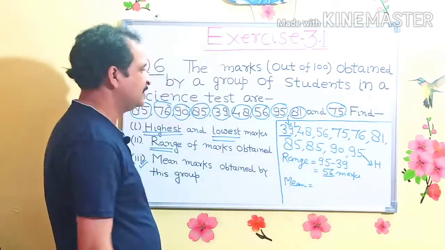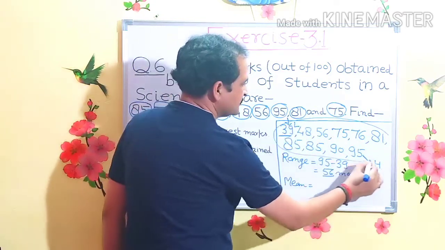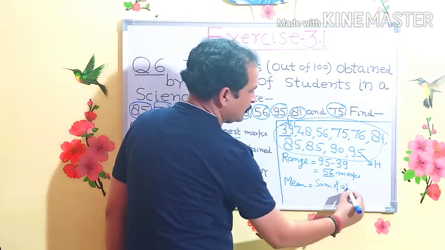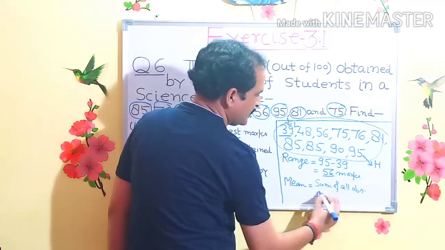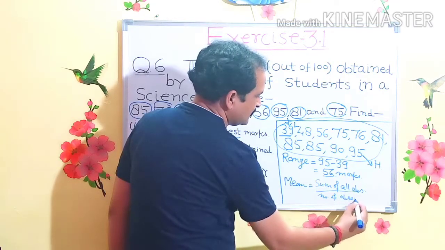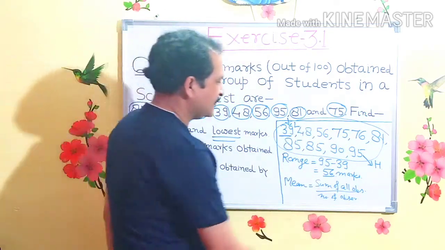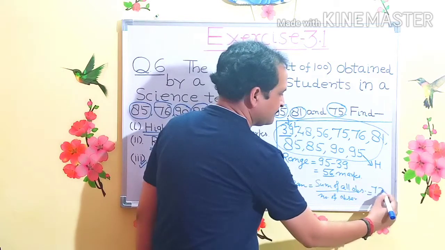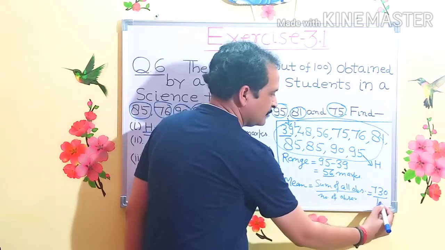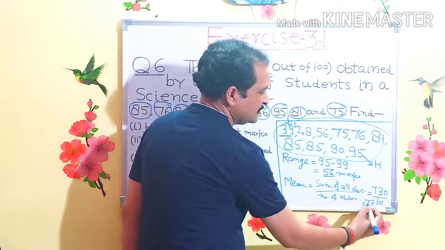Mean is defined as the sum of all observations upon the number of observations. If you add all these numbers, the sum is 730 and the total number of observations is 10. So the mean of this problem is 73.